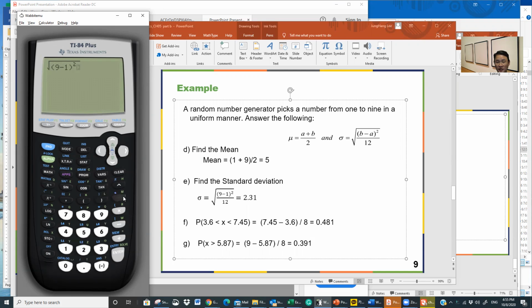And that divides by 12, just like that. And then hit enter, right? Then you see 2.31, I'm cutting it right here, so that 9 will change that 0 to 1. And that's how we got this number right there, right? Okay, so let me go back to the old screen.